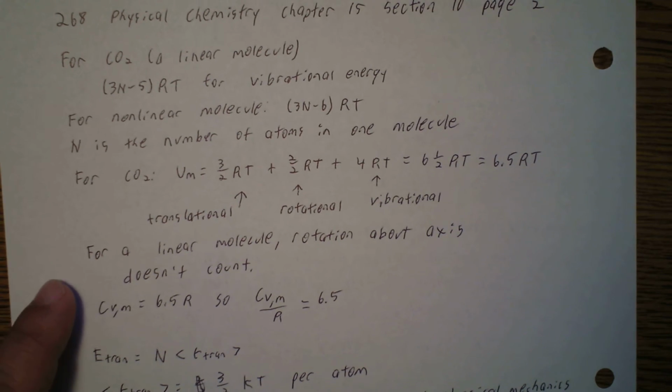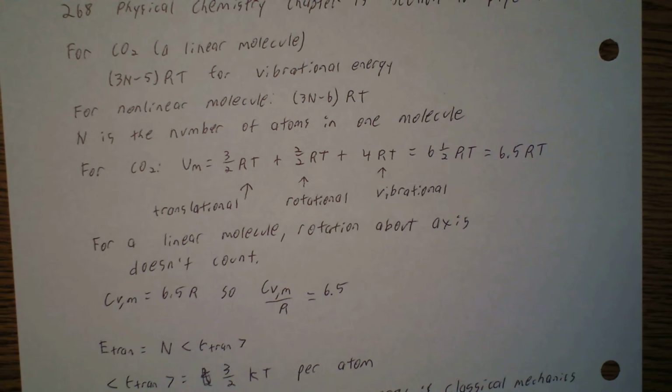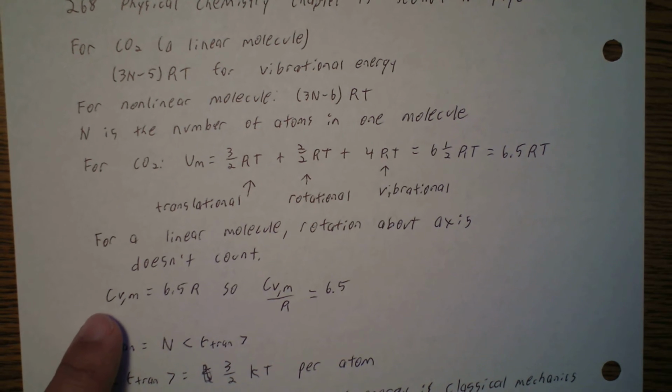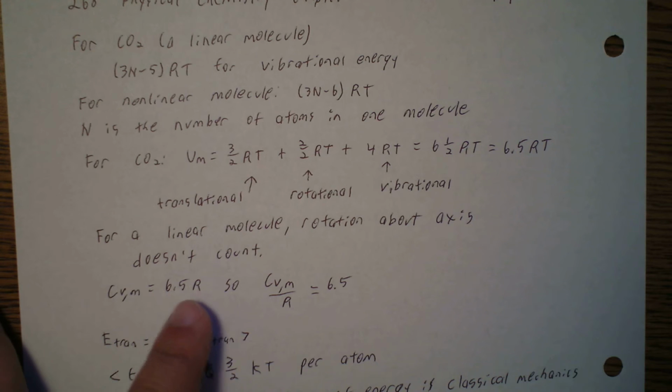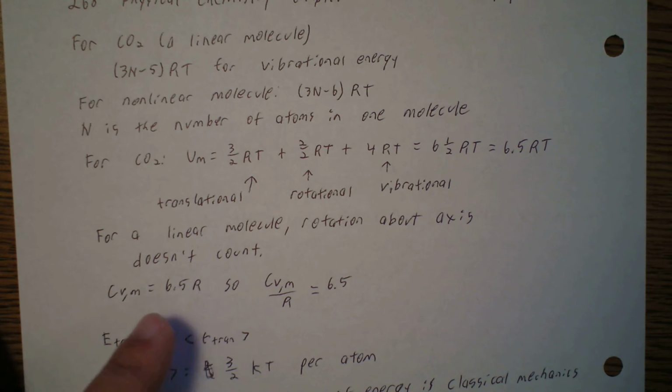So remember, if you have a linear molecule, rotation about the axis doesn't count. That's why it's a little bit different for linear versus nonlinear molecules. So the molar heat capacity at constant volume is 6.5 R, and the molar heat capacity divided by R at constant volume is 6.5.